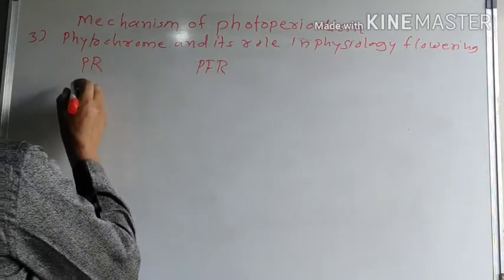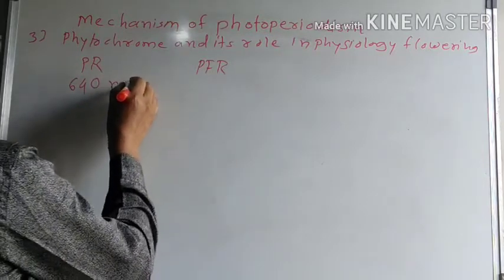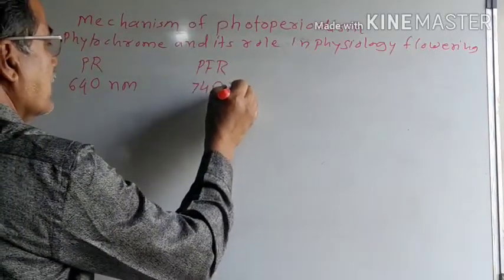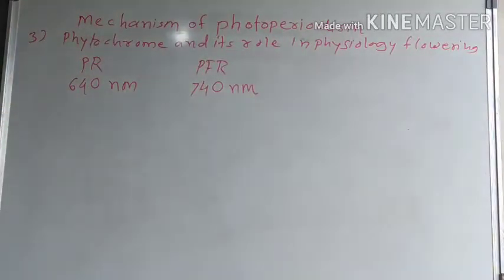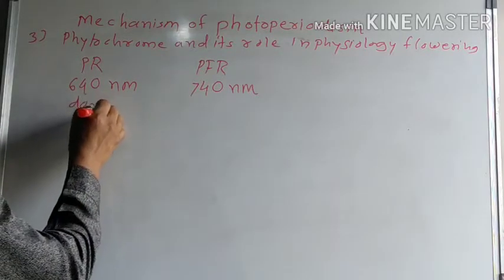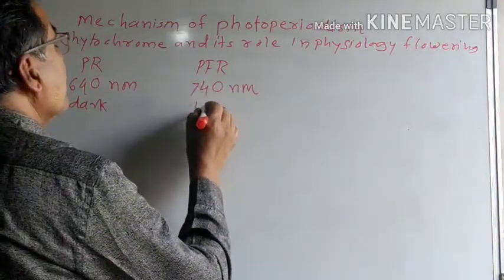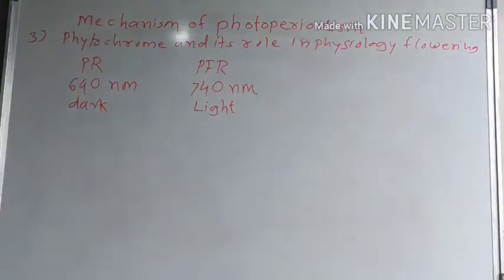Phytochrome PR absorbs the wavelength of 640 nanometers, and PFR absorbs the wavelength of 740 nanometers. PR is developed in the dark period, and PFR forms in the light period.